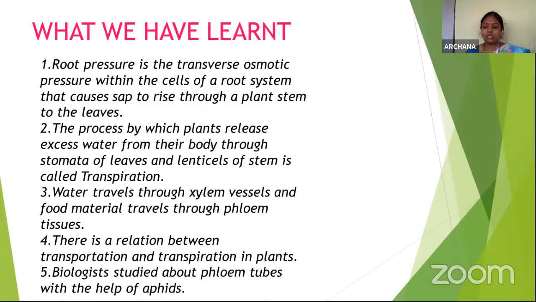So children, finally the third chapter is completed. Now let's see what we have learnt from today's class. Root pressure is the transverse osmotic pressure within the cells of a root system that causes sap to rise through a plant stem to the leaves.